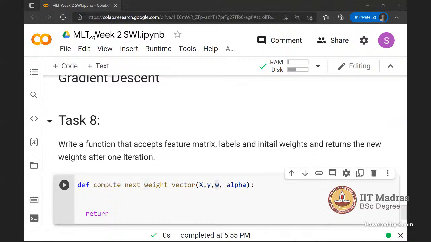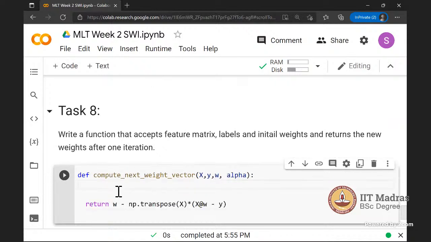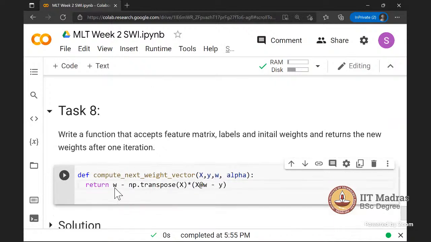Okay, I've received answers from Rajiv and Ganesh, and both of your answers are actually correct. Let's go ahead with Rajiv's answer for now. If you go through the lecture slides, you can directly get this formula and easily compute this gradient value.